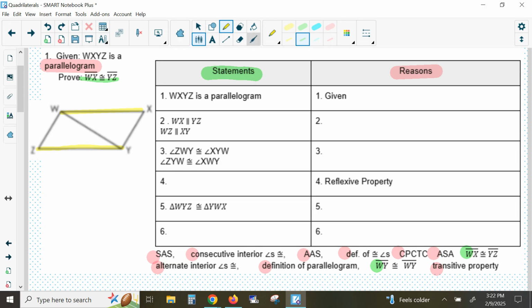So we have another giveaway here that this one, WX and YZ, that's going to come right down here, because remember this goes right down here. WX is congruent to YZ. So just by default, we do know that this one's going to end up going right here.